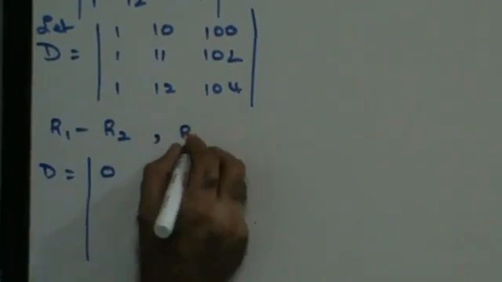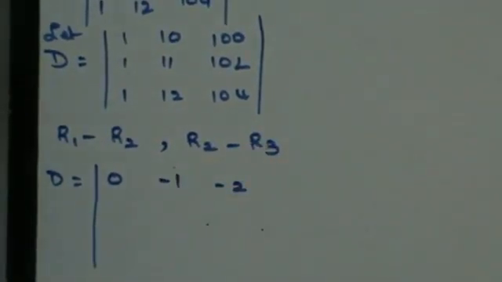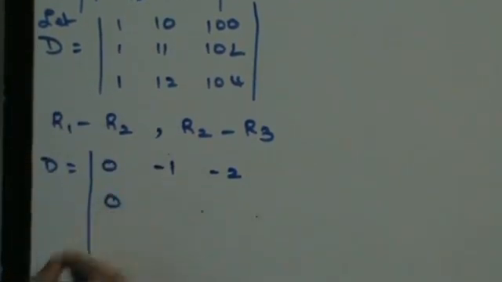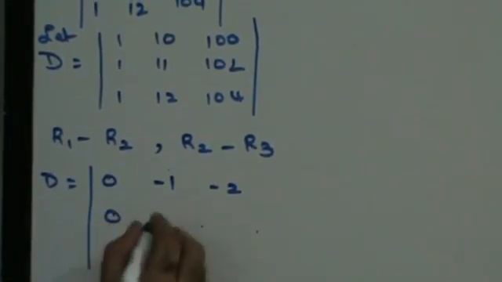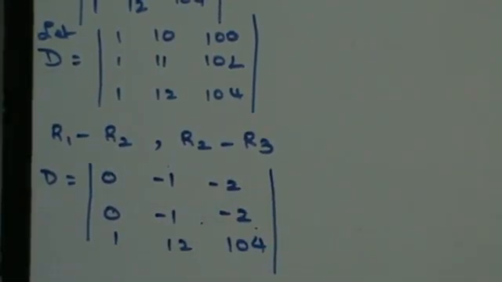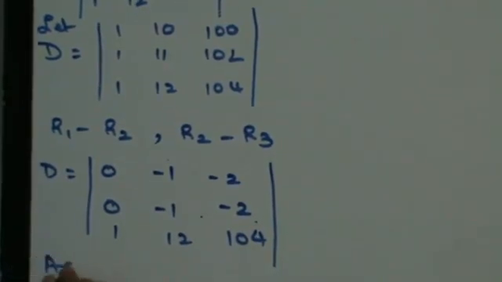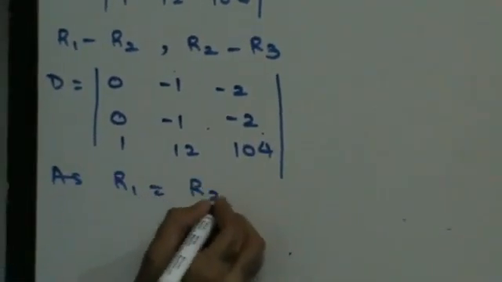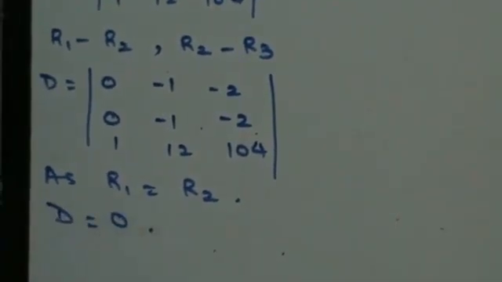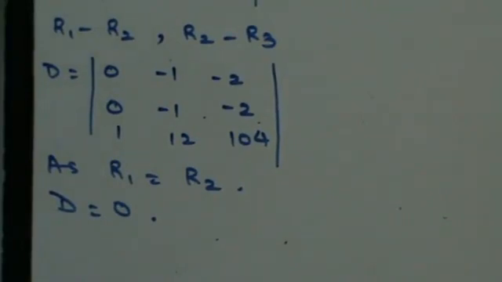Then let us do R2 minus R3: 1 minus 1, 0, 11 minus 12, minus 1, 102 minus 104, minus 2, then 1, 1, 2 and 104. Here you can see that R1 is equal to R2. As R1 is equal to R2, the value of D will be 0.